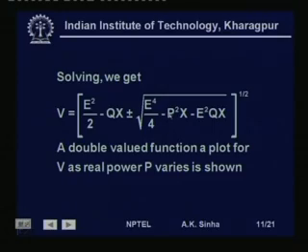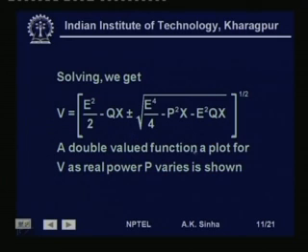So, if we say that the power factor of the load is constant, that is P by Q is constant, that is cos theta is constant, then we have this relationship, that is for any value of P we will get two values of voltage, one with this plus sign, one with this minus sign.